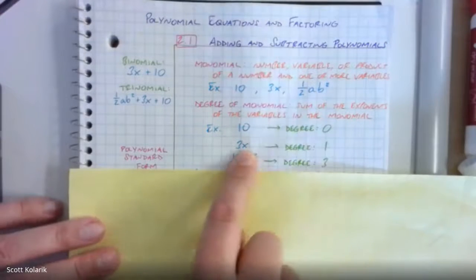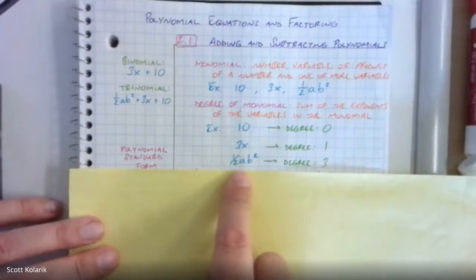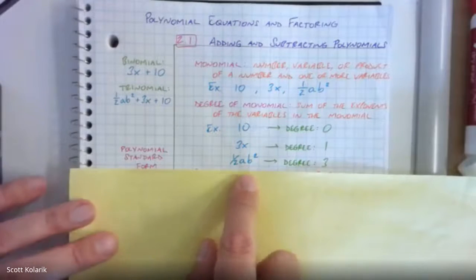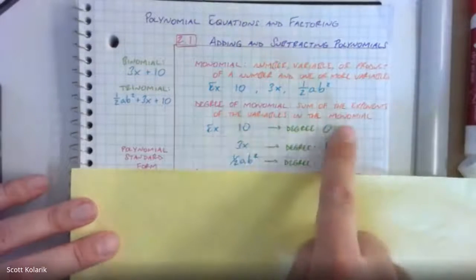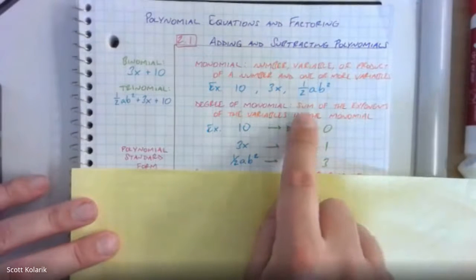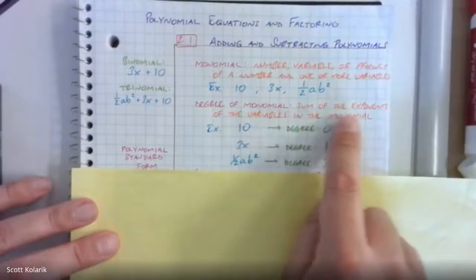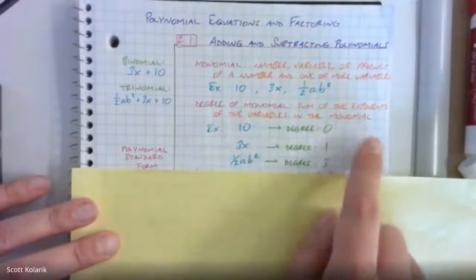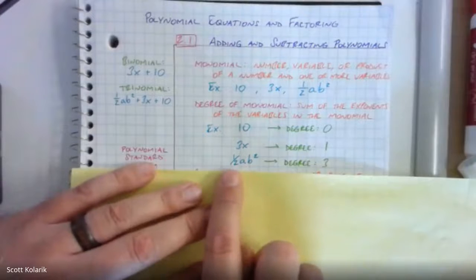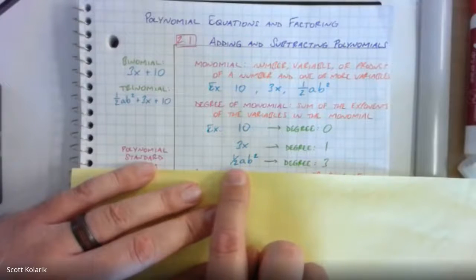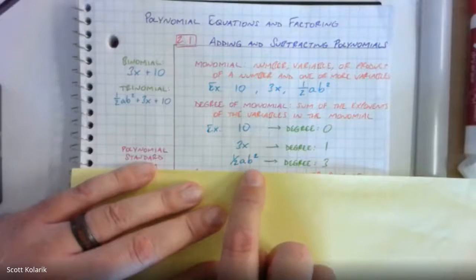All right. The more complicated one here, 1/2 ab squared. Here's where you really do have to pay attention to what this formalized definition says. It says it's the sum, or addition, of the exponents of the variables in the monomial. In other words, I have to first identify how many variables I have here. There are actually 2, a and b.